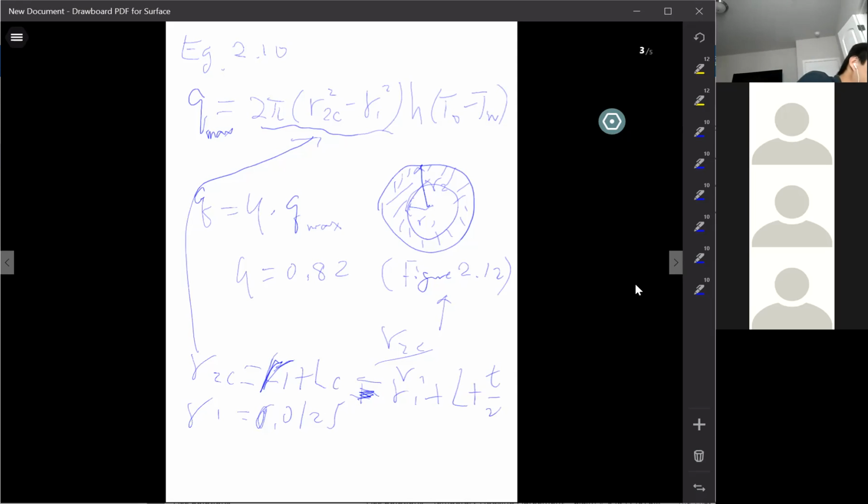So it turns out to be what? R2C is 2.8 centimeters, so it's 0.028 meter, right? These are all in meters.